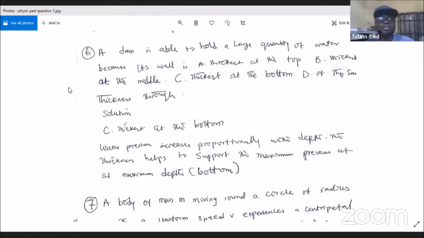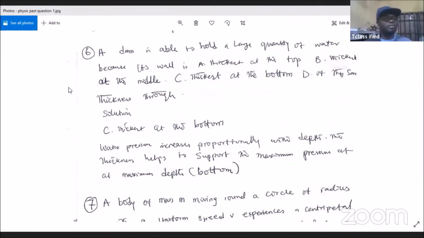I said if you check the past question, you see thickness throughout. So why is it not the same thickness throughout? It's because you need the thickness to take care of the maximum pressure.